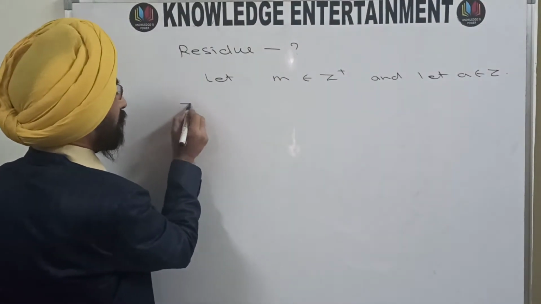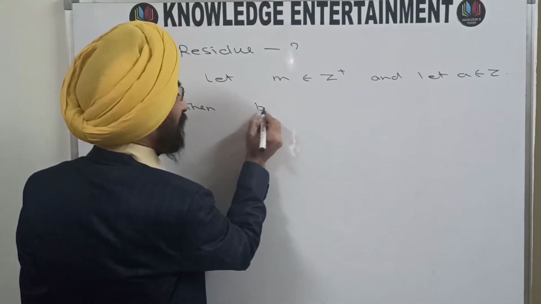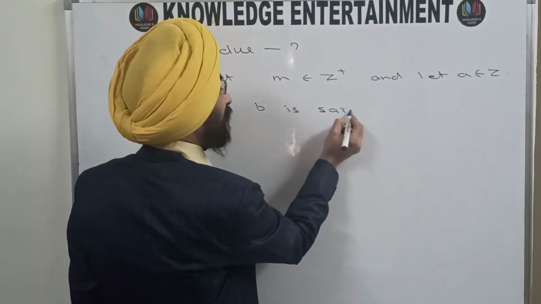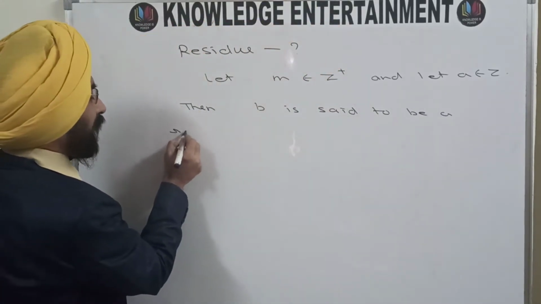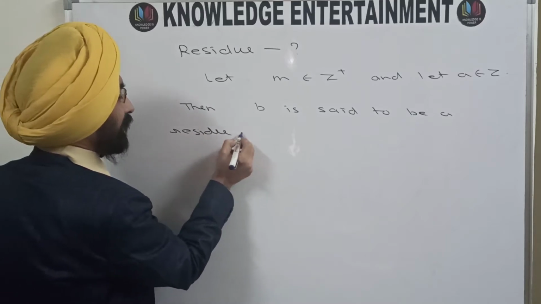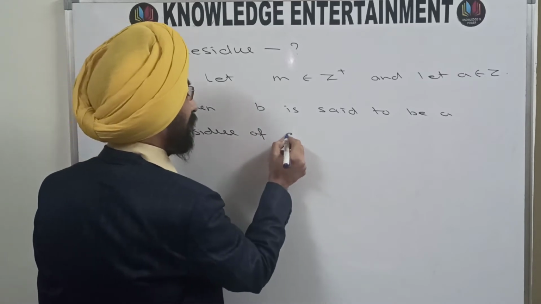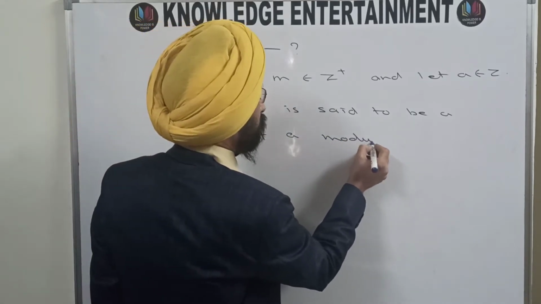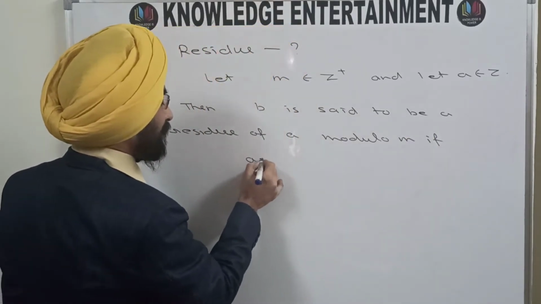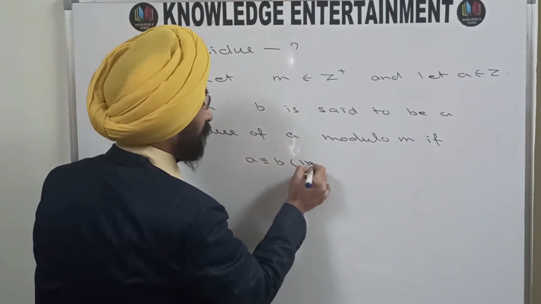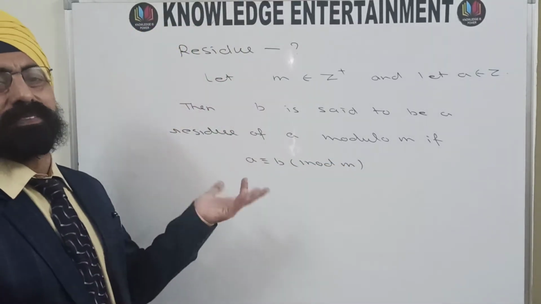Then b is said to be a residue of a modulo m if a is congruent to b modulo m. This is the basic definition of a residue.